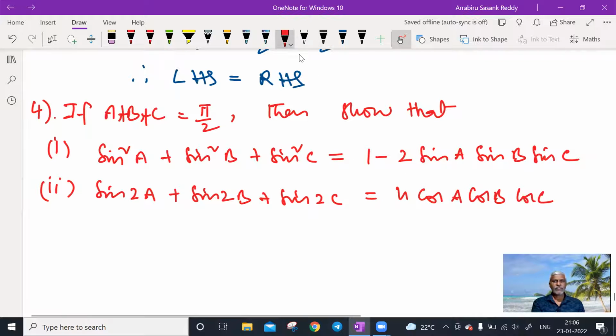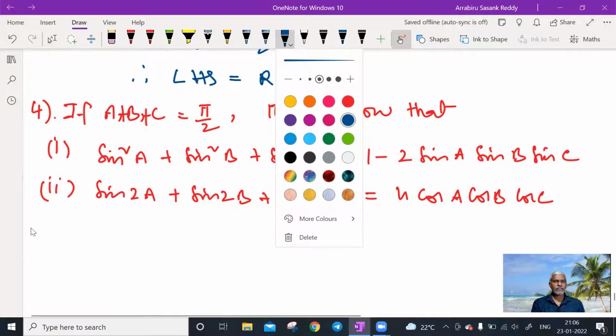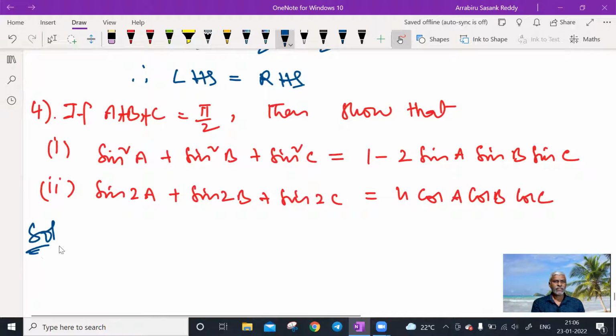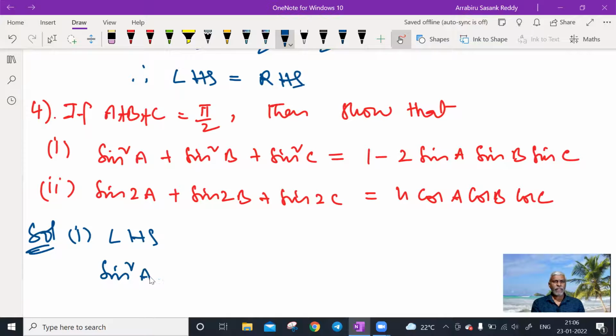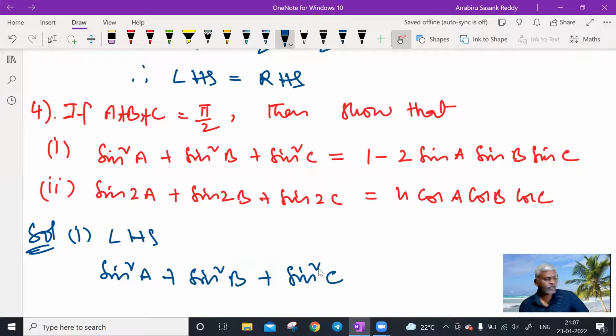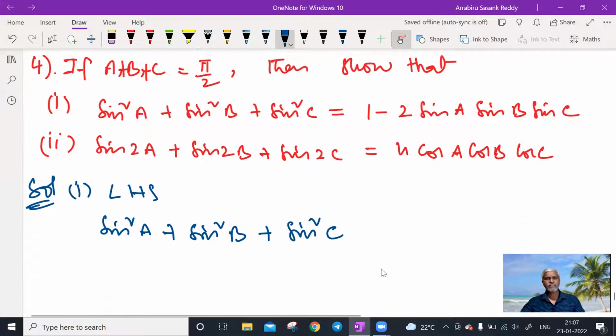Now let us take up the first bit. First bit, left side: sin² A plus sin² B plus sin² C, and prove the right side answer.